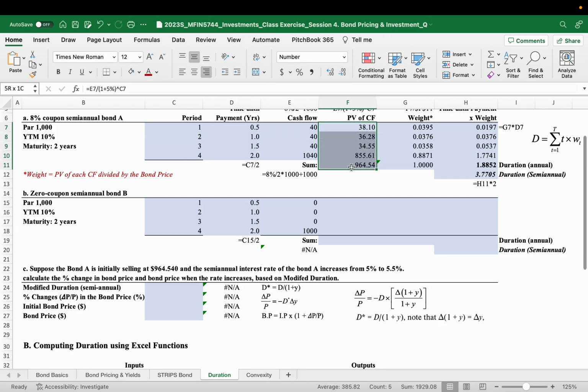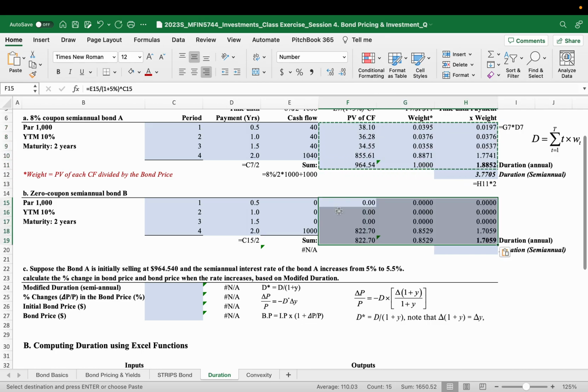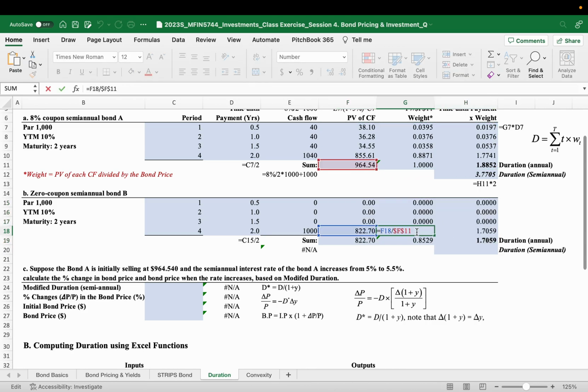Okay, let me just copy and paste. So take a look how it works. Now the last one must be changed with this.